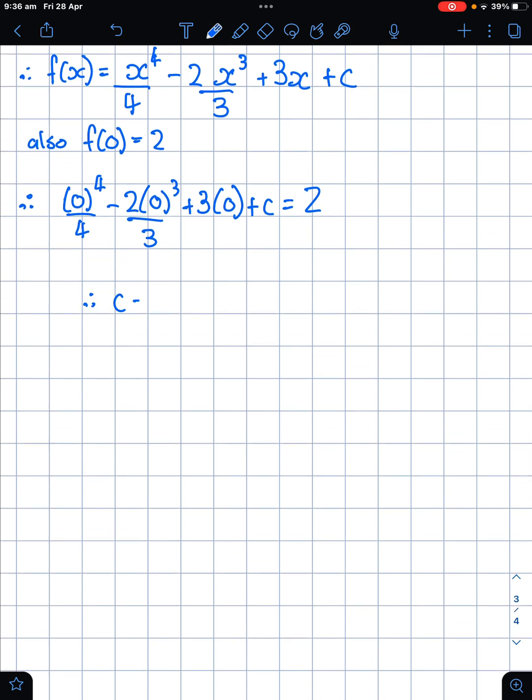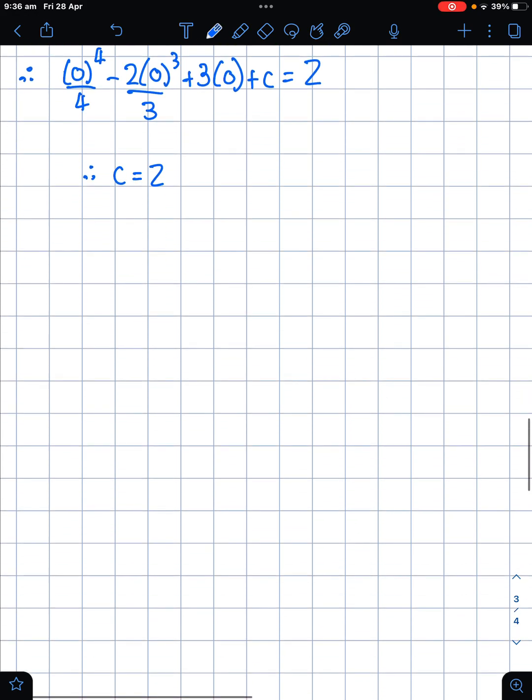Therefore, c equals 2, and our function f of x, so therefore f of x equals x to the power of 4 over 4 minus 2x cubed over 3 plus 3x plus 2.